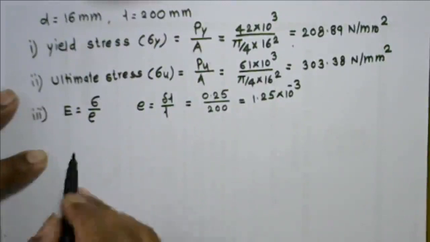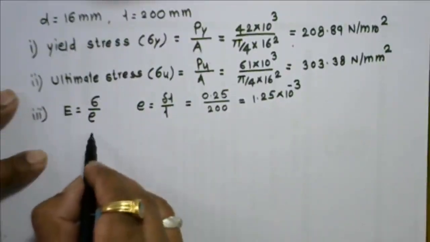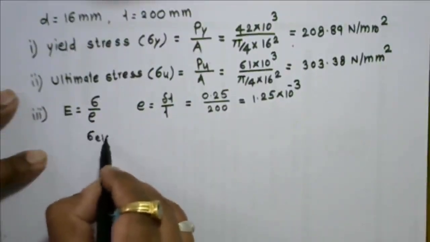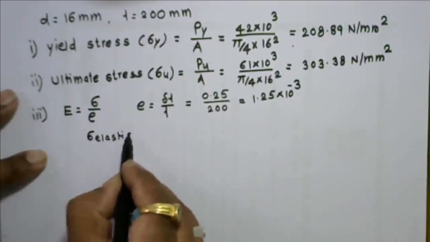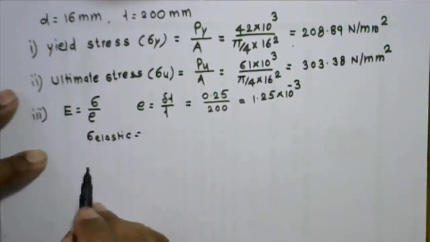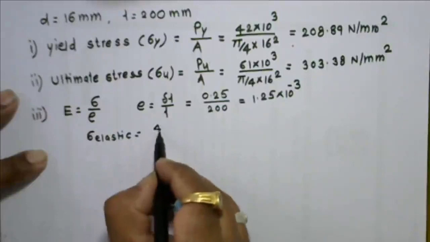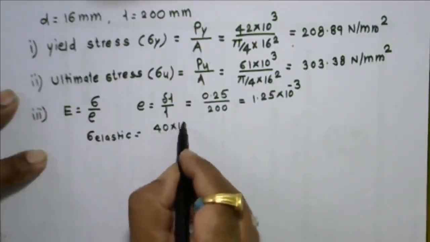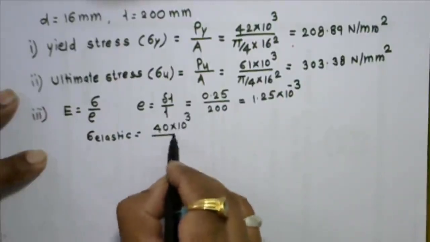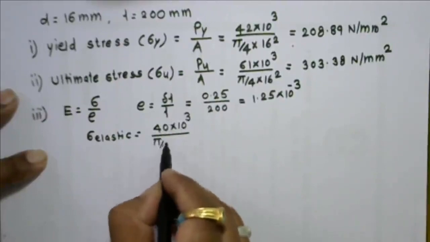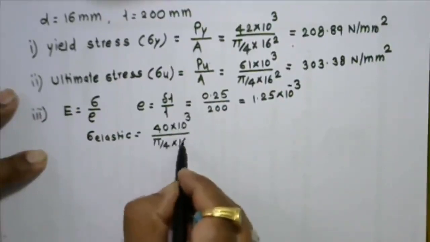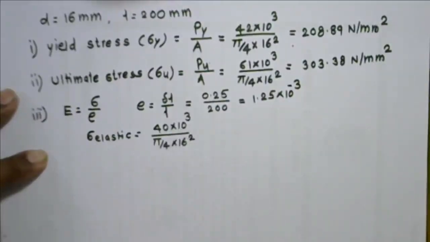Now next point, sigma at elasticity. Sigma elastic we have to calculate. The load at elastic limit is given as 40 into 10 raised to 3. The cross-sectional area is the same, pi by 4 into 16 bracket square. So do these calculations.